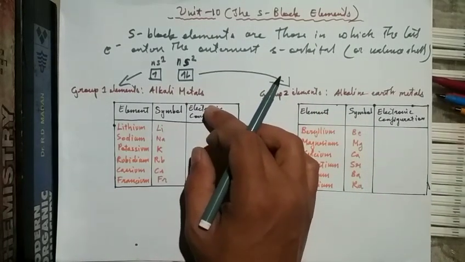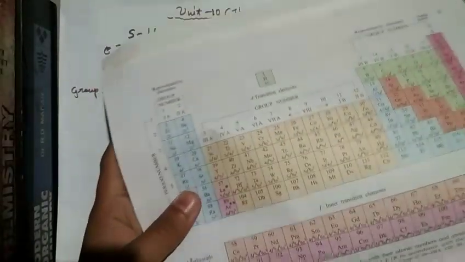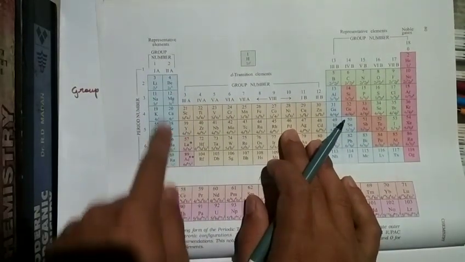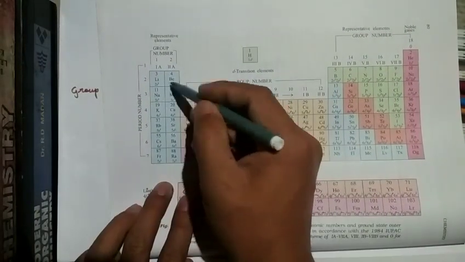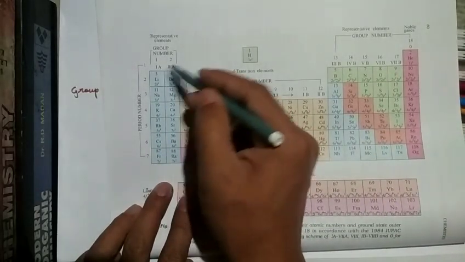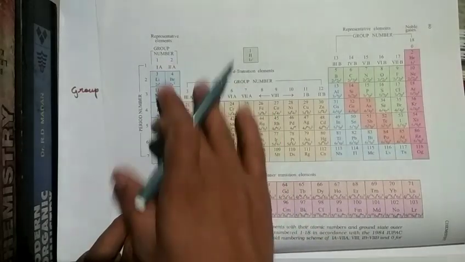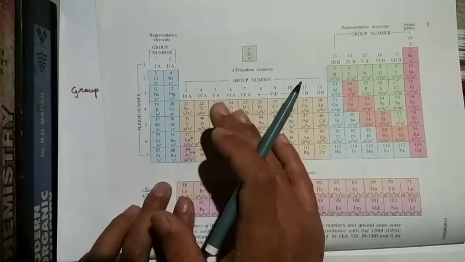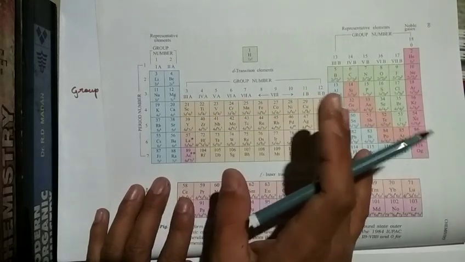Let's see the periodic table. In your periodic table, these are group 1 and group 2 elements. So group 1 and group 2 elements are here. They are s-block elements. This periodic table is also arranged according to the orbitals, s, p, d, f.